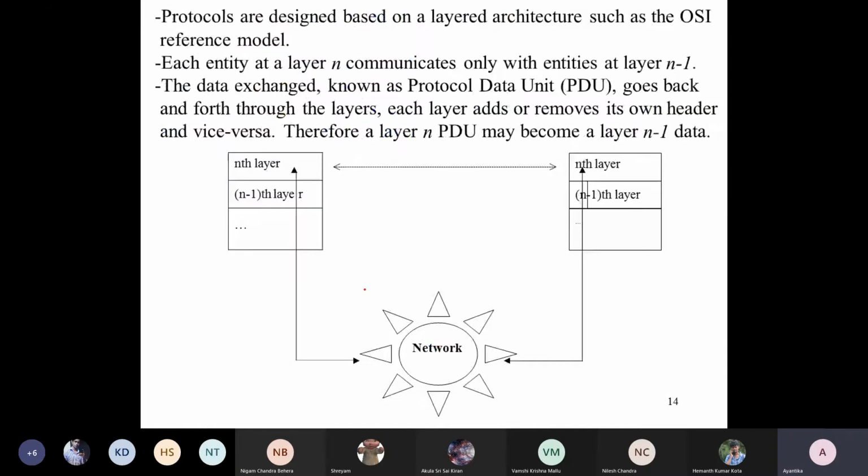So protocols, when we are talking in a network scenario, you can see that there may be different layers of communication. When multiple LANs are connected together, that means when one host from any LAN is trying to communicate to another host of any other LAN, first it has to come out from that particular network.